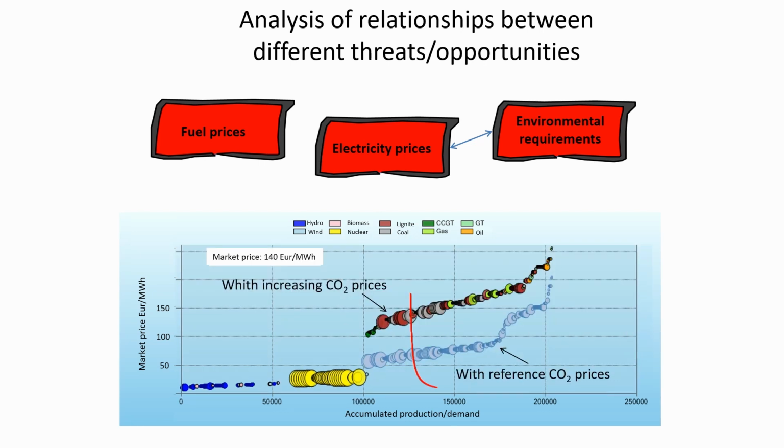This you can see here, there is an increase in the production prices on the coal-fired unit and on the gas-fired and oil-fired unit here, and the intersection between the supply curve and demand curve is at a much higher level. So now the market price is 140 euros per megawatt hour.